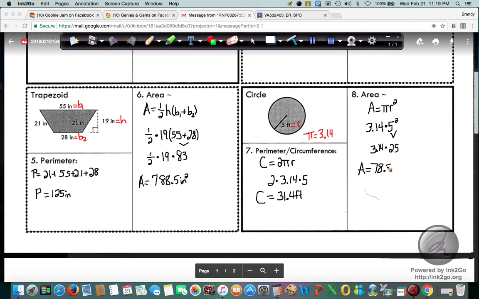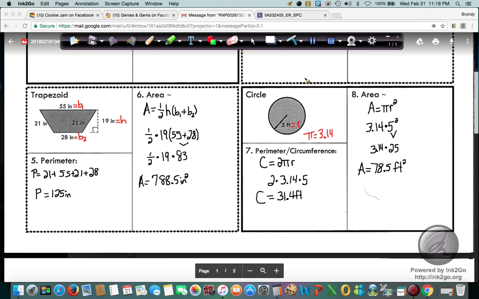And because I multiplied two dimensions, the radius by itself, it's going to be feet squared. Okay? So that's that worksheet. If you have any questions, let me know.